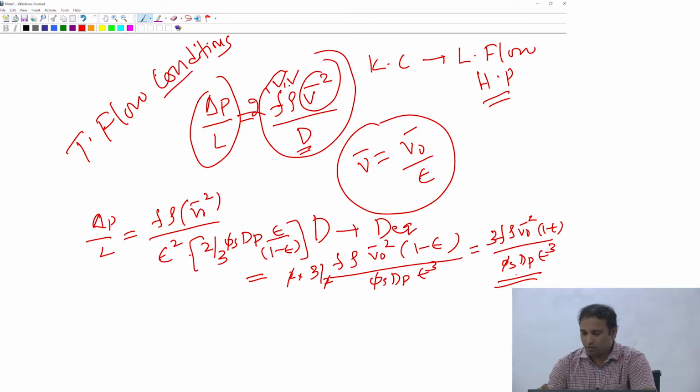And again, we don't know what this f is. f depends on your Reynolds number and stuff like that. People have done a lot of experiments, and they have found that this 3 times f factor is of the order of 1.75. This is based on several experiments on packed beds of different materials.